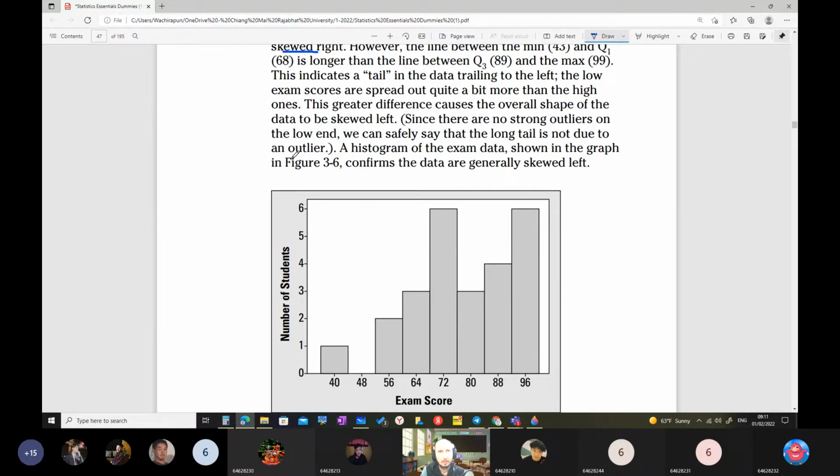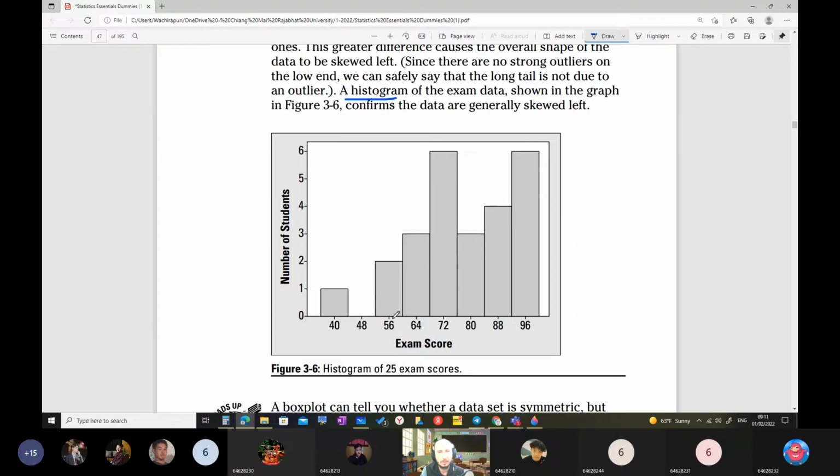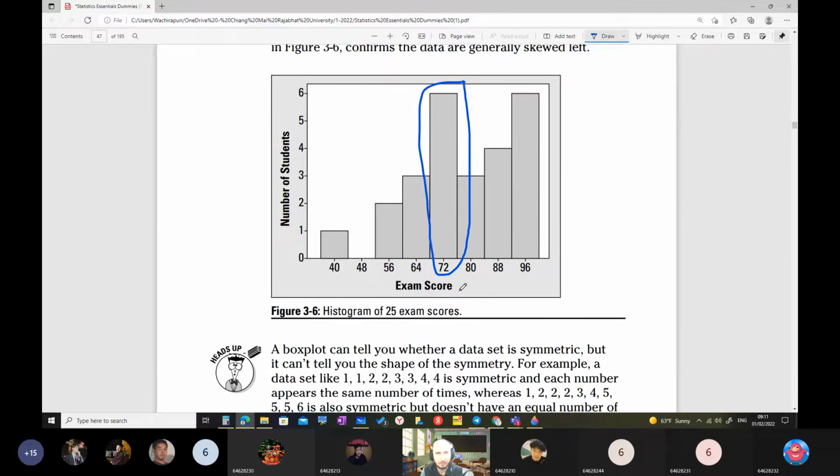Okay, so this is a histogram of the scores. Right now we can see, oh, more people are stuck here at 72%. So this is another representation for the teacher. Okay, a lot of students are around here, right?